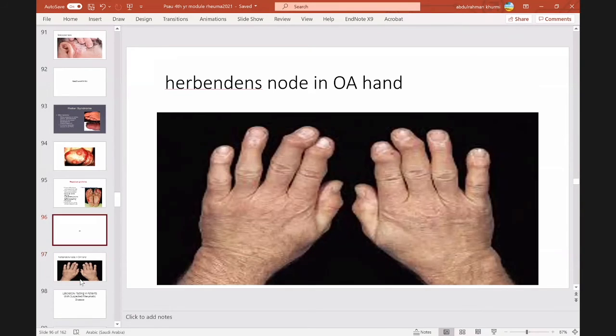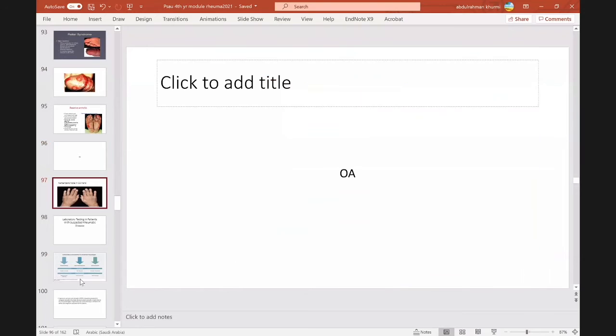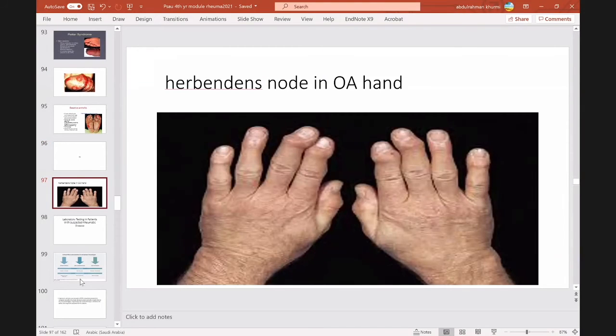Okay, what do you see here, guys? Deformity of the proximal and distal joints. Okay, this is what? Deformity and nodules. But it might not be clear here. So distal nodules are called Heberden nodules, which come in osteoarthritis. Distal means the distal interphalangeal joint, and proximal means the proximal interphalangeal joint.